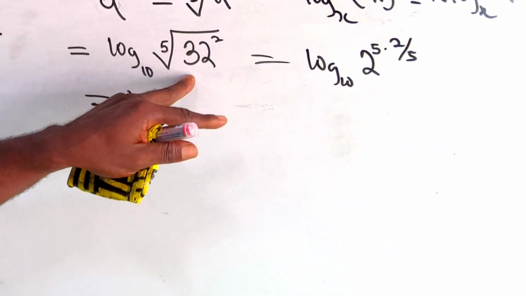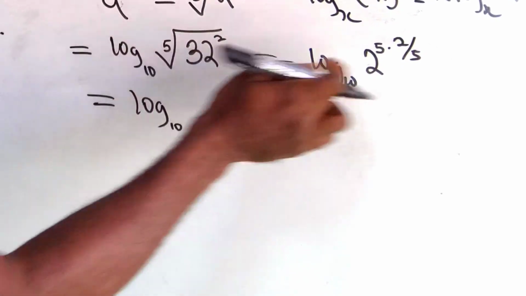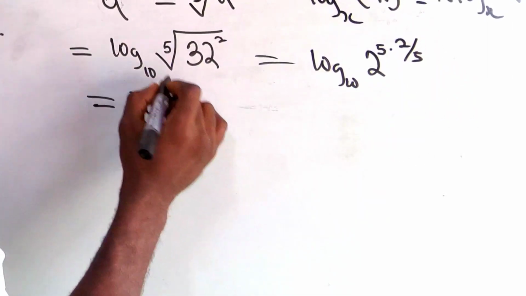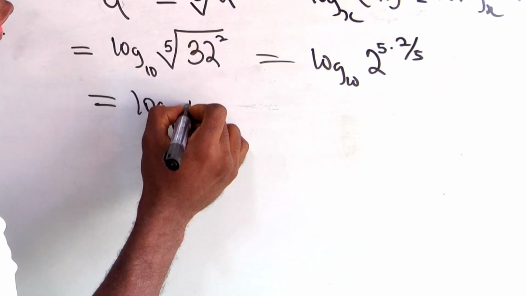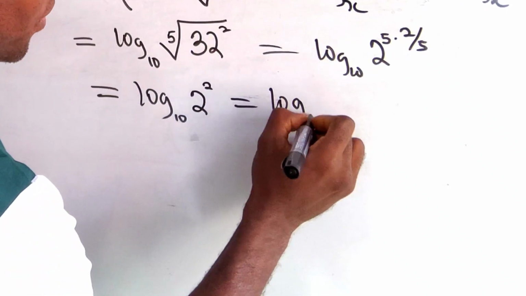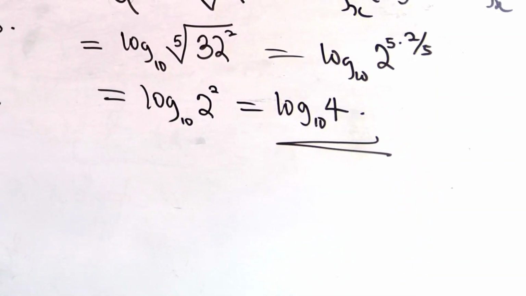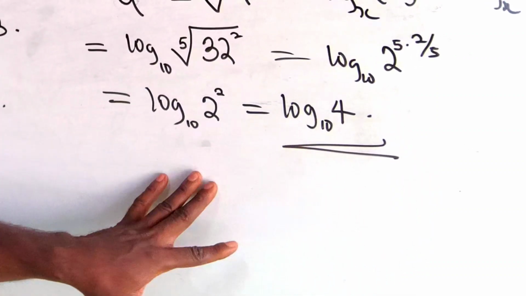You can see it's still the same thing, because 2 here is the same thing as 2 raised to power 5. So the fifth root of this is just 2 raised to power 2. So this is log base 10 of 4. It's as simple as this.